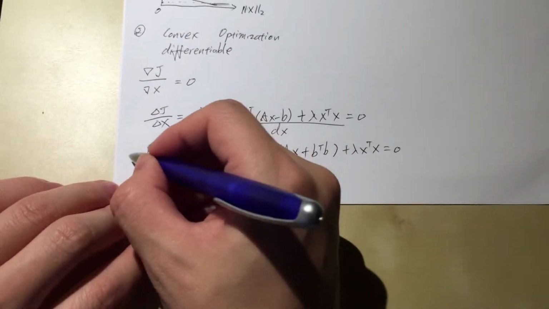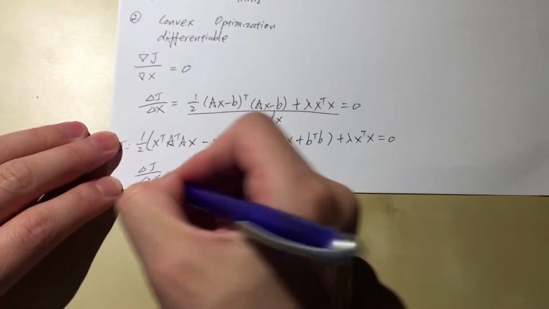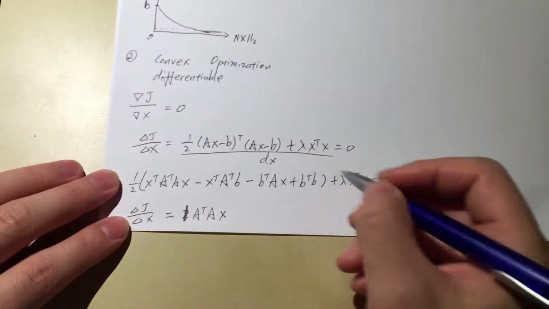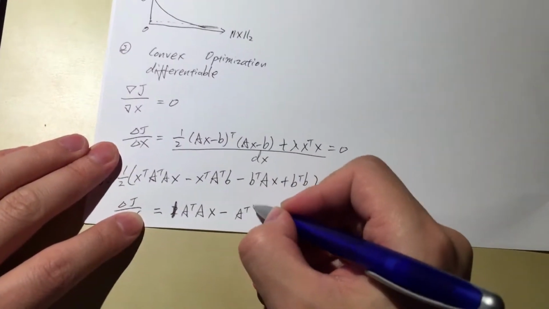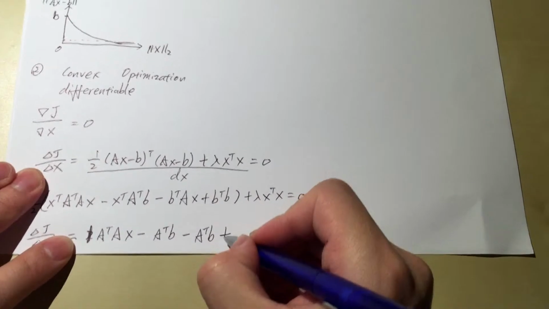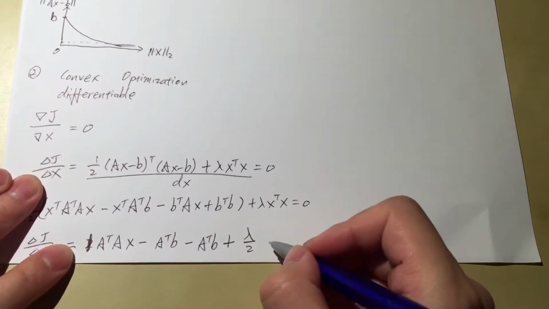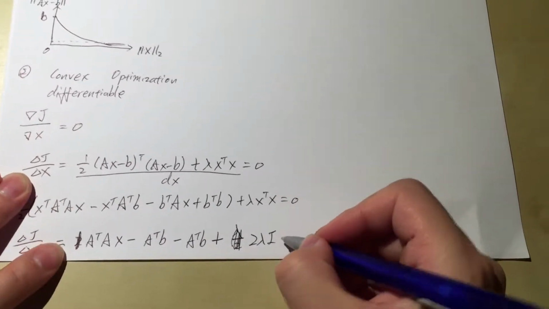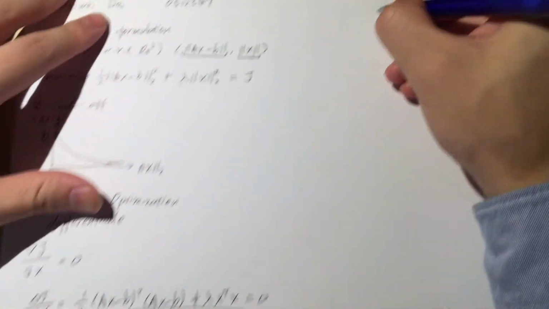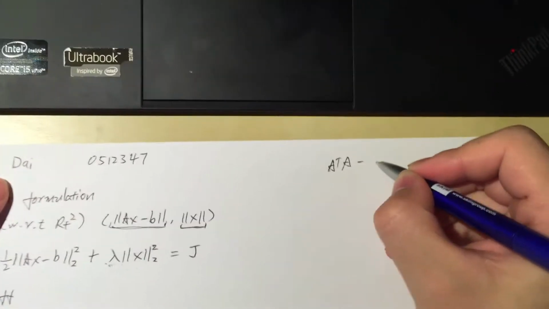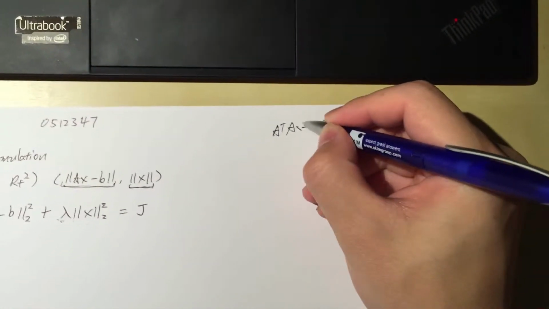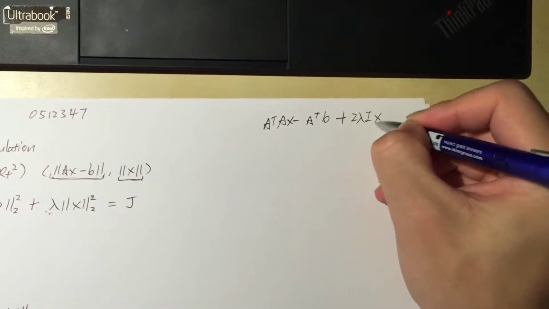We take the derivative of it, so it will be 2A transpose A x minus A transpose b minus A transpose b plus 2 lambda I x equals 0, which is A transpose A x minus A transpose b plus lambda x equals 0.